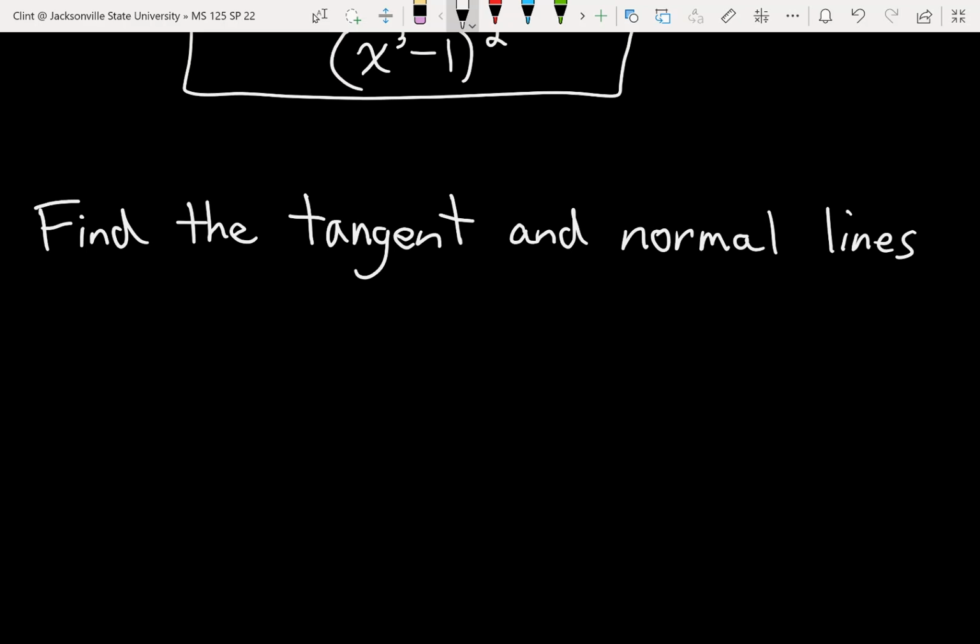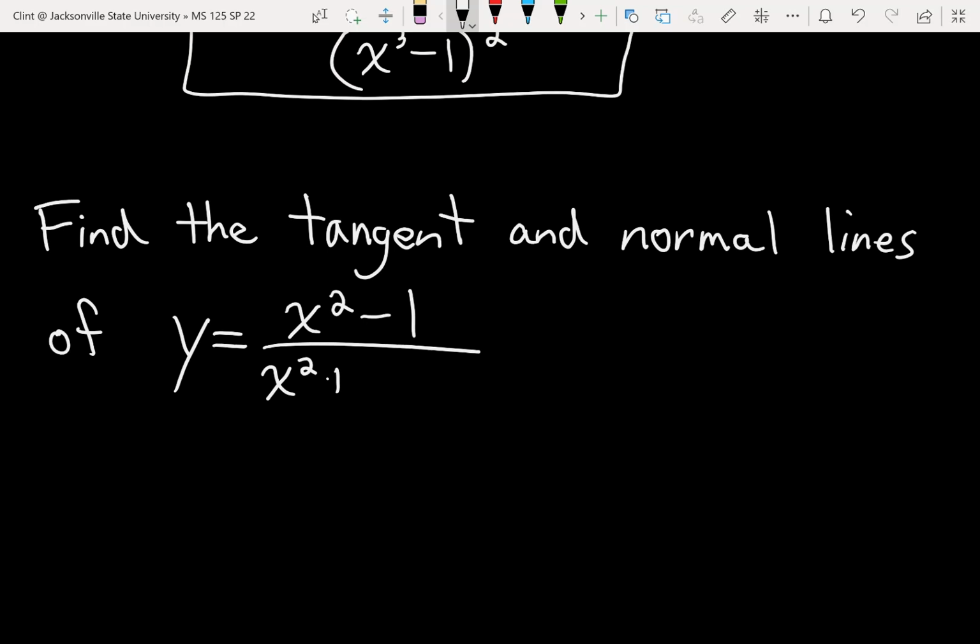Remember what that is. At the point 1, 0.